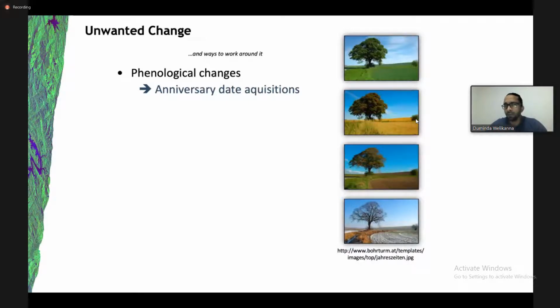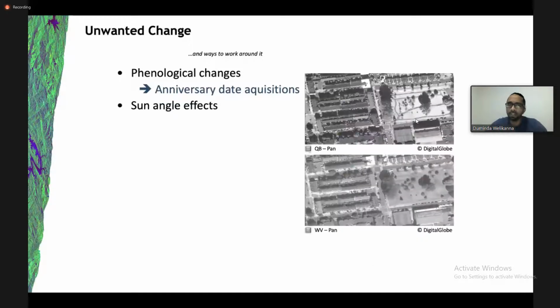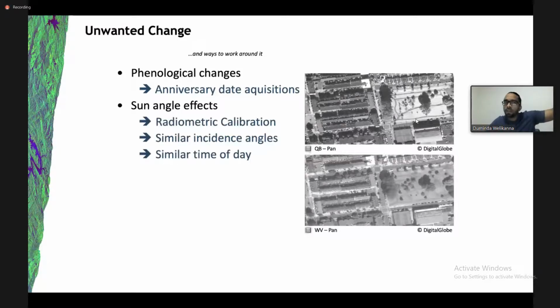So we will have to use exact date images. And changes due to sun angle, that means in the morning and in the evening. We don't want changes that happen because of the sun's position. It's an unwanted change. For that, we can do radiometric calibration, and use similar incident angle, similar time of day images.